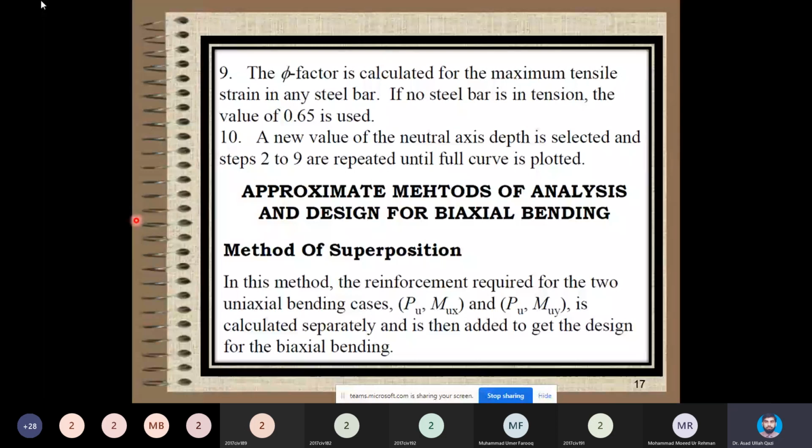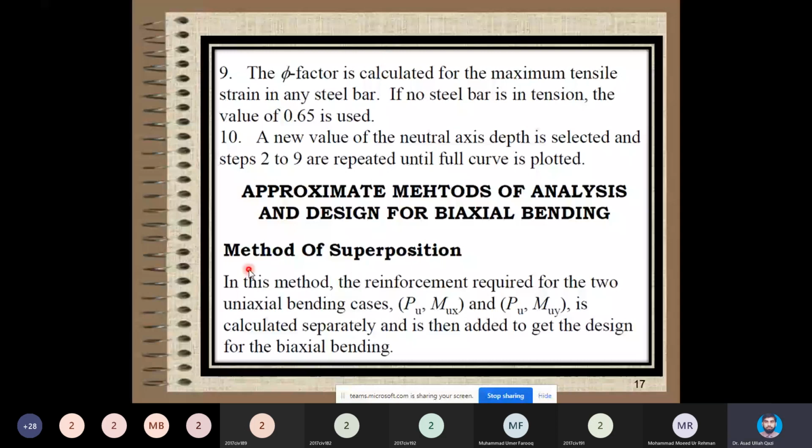So the approximate methods, although simplified and a little less accurate, can help us in safely designing the column. Out of them, the first method is very straightforward for designing a column under biaxial bending. It is simply the method of superposition. What does the method of superposition mean?